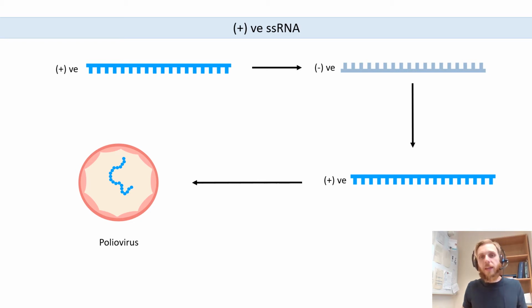This positive sense copy is the same as the original genome that entered into the cell. And this positive sense single-stranded RNA genome produced through this process is then packaged into the poliovirus viral particle, and within this particle, it serves as the genome for this particular virus particle.